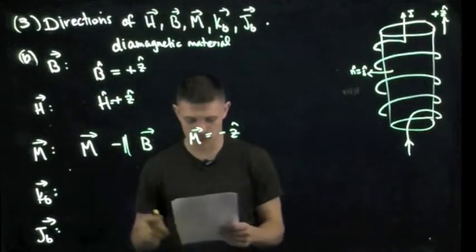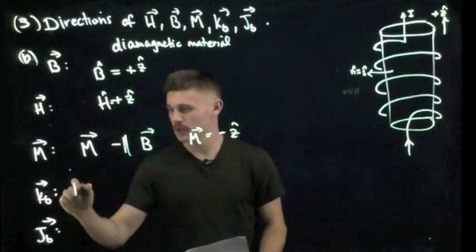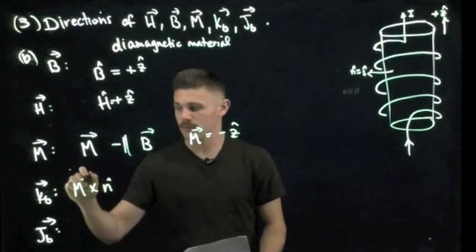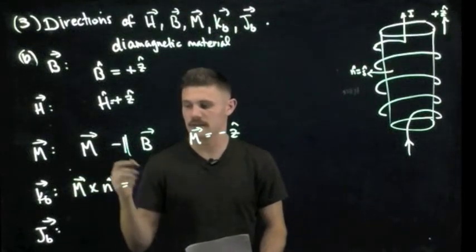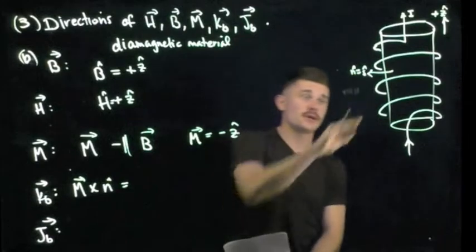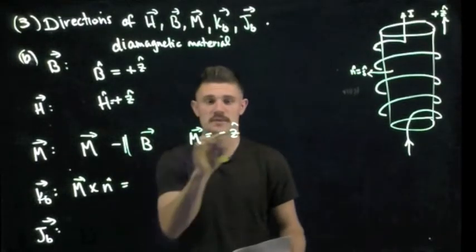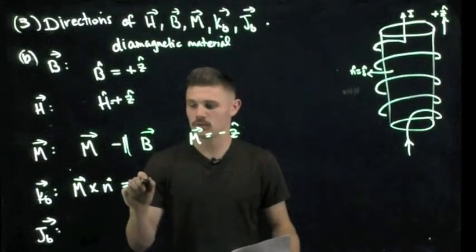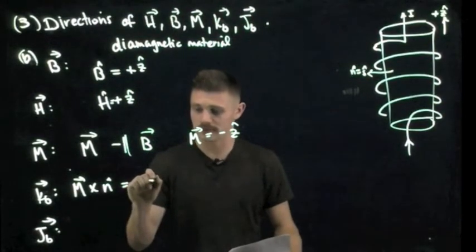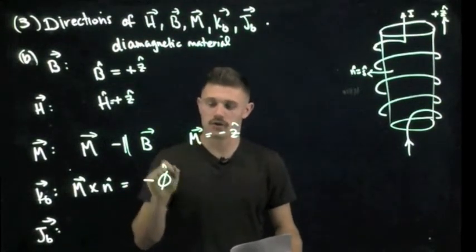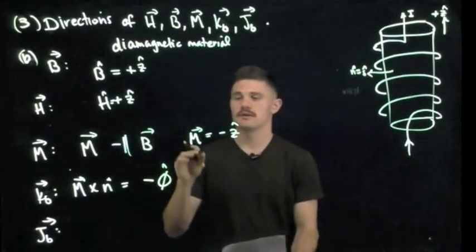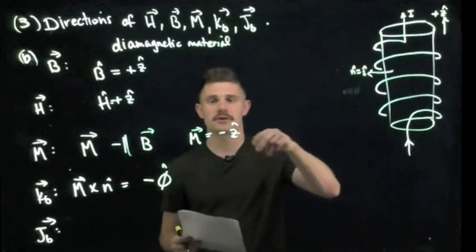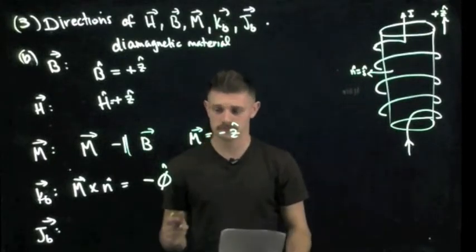This transfers through to our bound surface current because we have M cross n-hat again, where again, in this case, our n-hat is radial away, so s-hat direction, but in this case we have negative z-hat as our direction of our magnetization, so this will be in the negative phi-hat direction now, because we are essentially the exact same as in part A in terms of magnitude, but we're looking in the opposite direction because the magnetization is opposite.